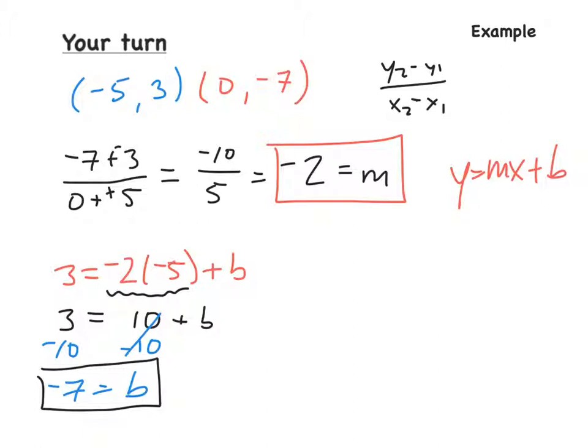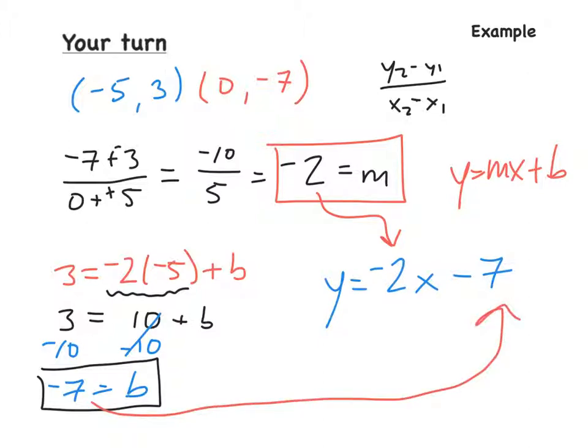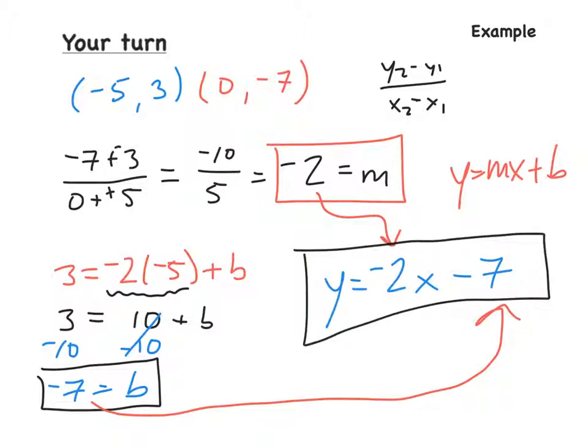If we put this all together in slope-intercept form, y is equal to negative 2x minus 7, with the negative 2 coming from our slope and the minus 7 coming from our y-intercept. So the slope-intercept equation for this is y is equal to negative 2x minus 7.